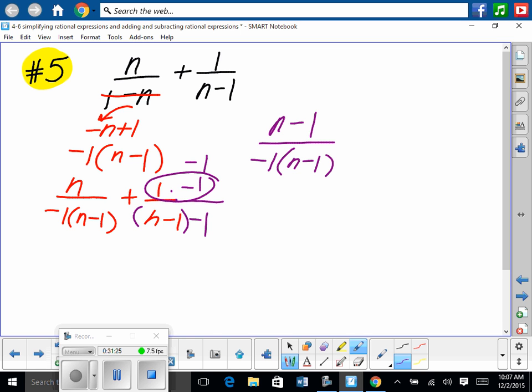Do we have exact factors now? Yes. We have an n minus 1 on top and an n minus 1 on bottom. They divide out and become a 1. 1 divided by negative 1 is negative 1. Good. Questions on that?